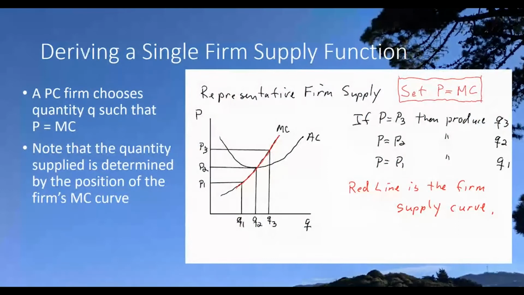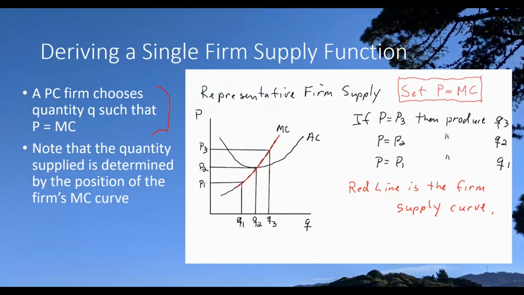Now, deriving a single firm supply function. Okay, where does supply come from? First of all, go back to the fundamental. A perfectly competitive firm, PC firm, chooses quantity little q such that price is equal to marginal cost. All right, so let's take a look at this hand-drawn diagram that I've done.